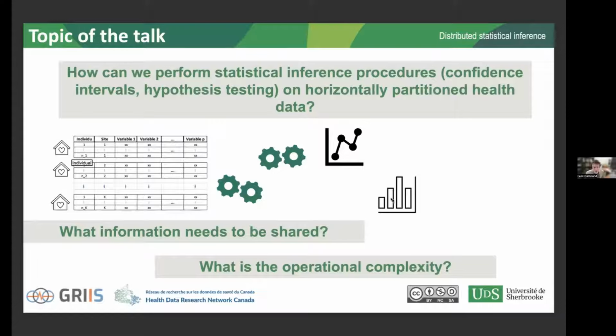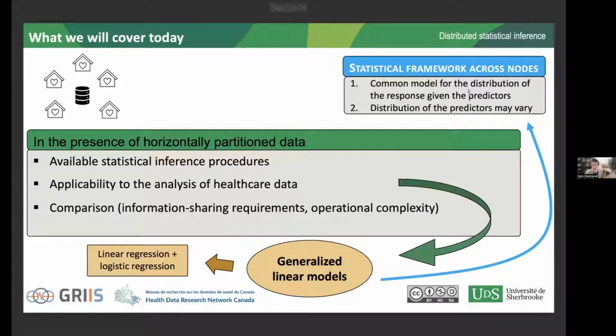Of course, if you have an infrastructure that allows making those computations, and you don't need to exchange quantities by email, then this can facilitate the analysis and reduces the importance of the operational complexity. So what we will cover today: in the presence of horizontally partitioned data, what are the available statistical inference procedures?